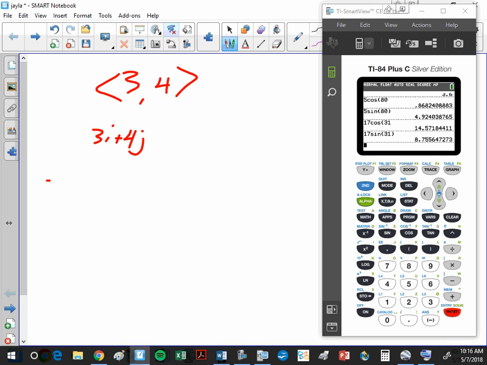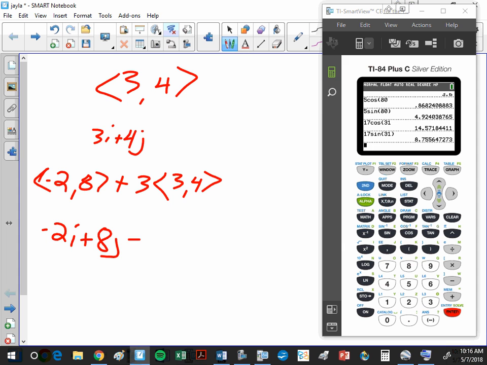So if I had -2, 8 plus 3 copies of 3, 4, algebraically that would simply be -2i plus 8j plus 3 times 3i plus 4j. And then when you combine like terms, you're going to end up with something i plus something j.